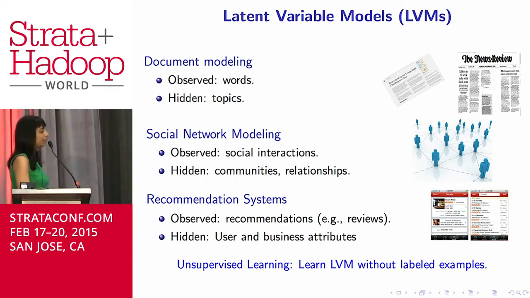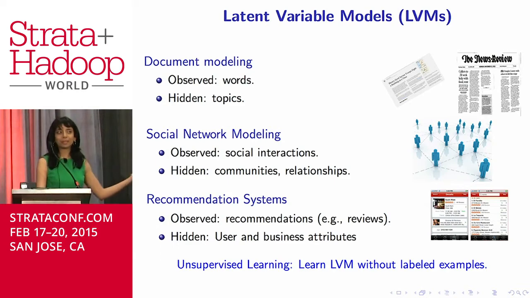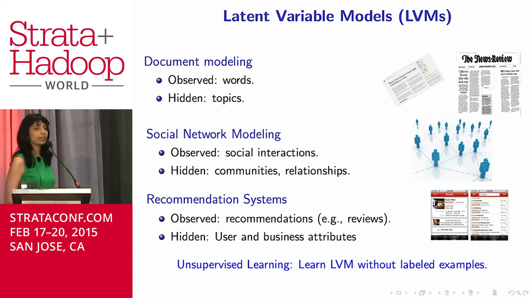And indeed, another very important application for such latent variable modeling is recommender systems. You can think of a setting where you have a probabilistic model of different groups of users with different kinds of interests and attributes.